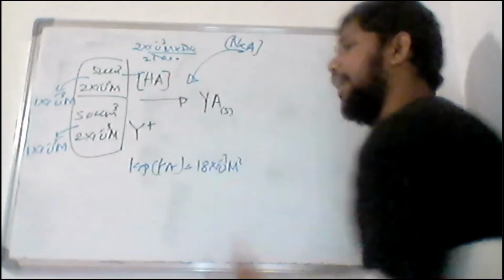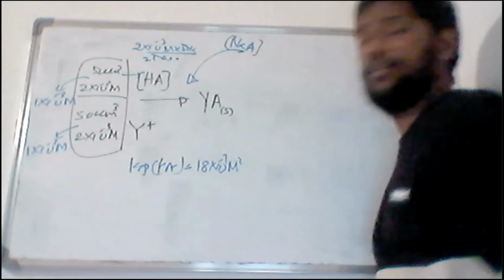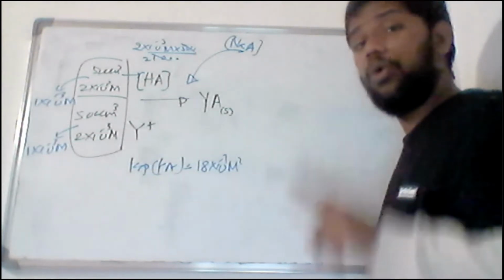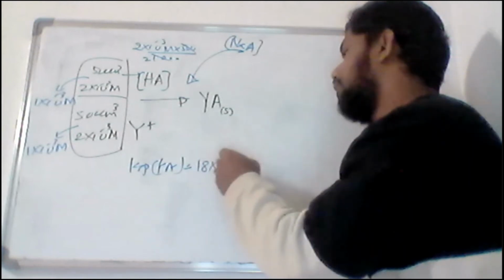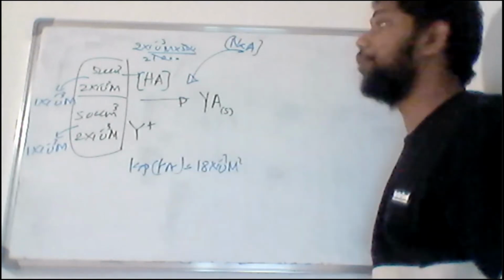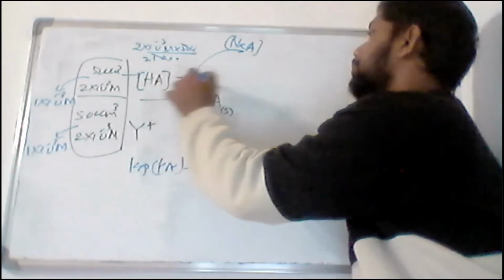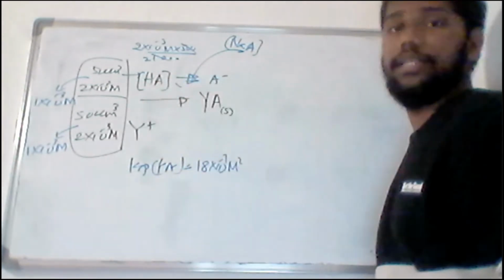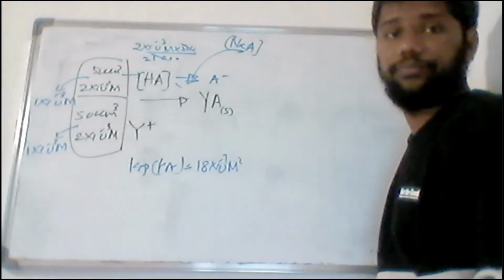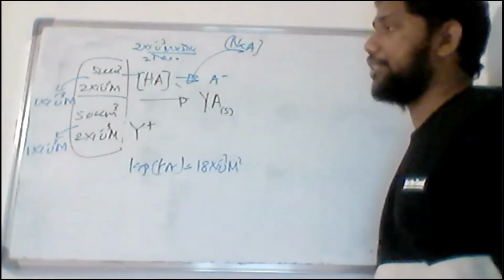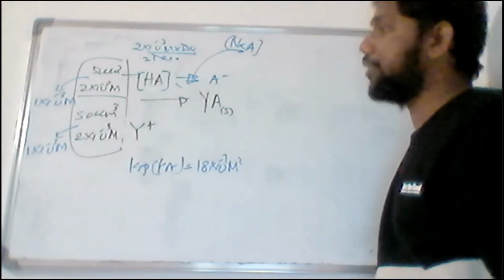Okay. And then they add A in order to precipitate YA. Now, again, rethink. In order to precipitate this YA, what should be the concentration of A minus that should be given from this HA? That is the thing that you need to understand. Okay, because you know there is a concentration of 1 into 10 to the power minus 3 of Y plus in this solution.